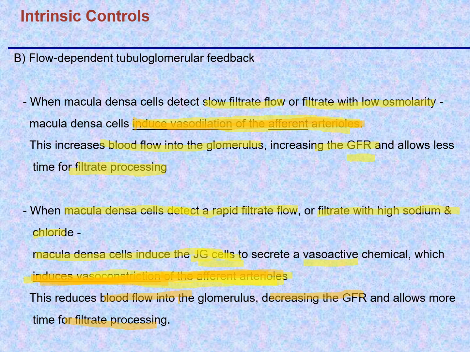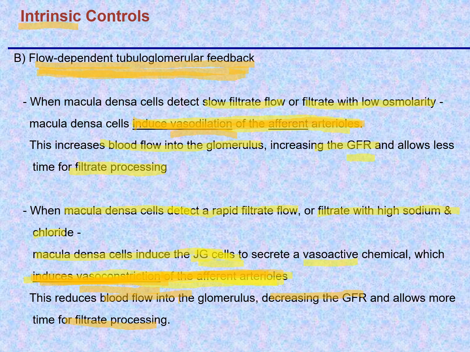And so in the end, what you have is this flow-dependent tubuloglomerular feedback mechanism, which controls the diameter of the afferent arterioles, either causing them to widen, so flow increases, or to constrict, so that flow decreases, once again keeping them in the sweet zone. So this is a mechanism that is intrinsic to the kidneys, built into the kidneys.